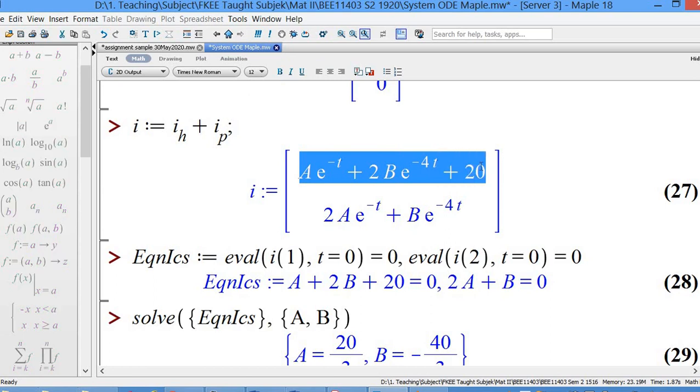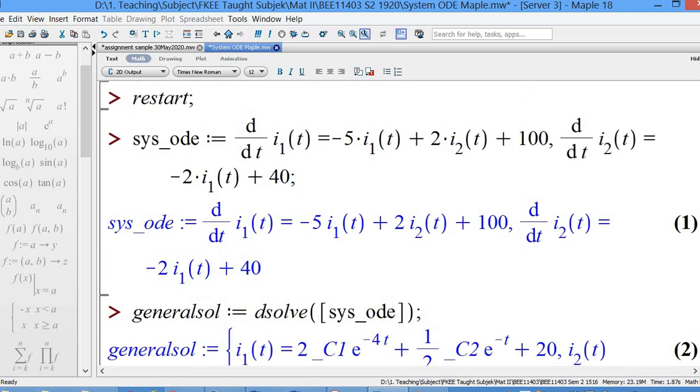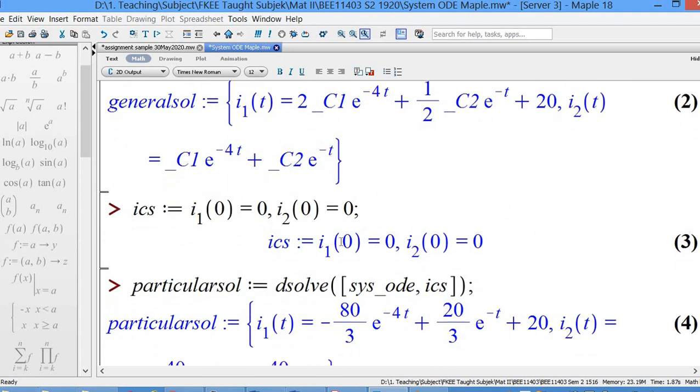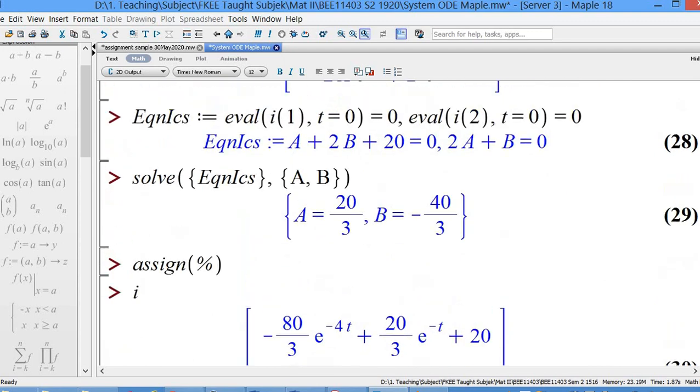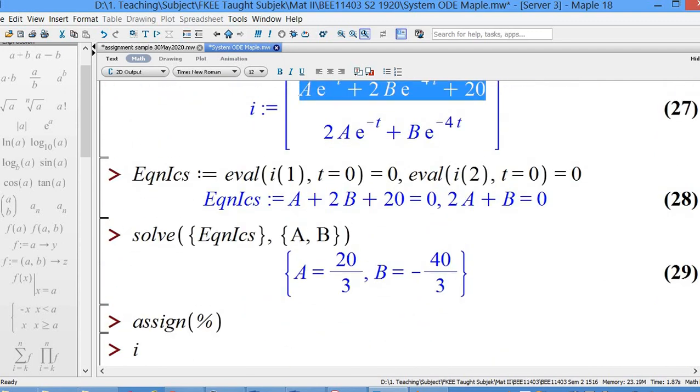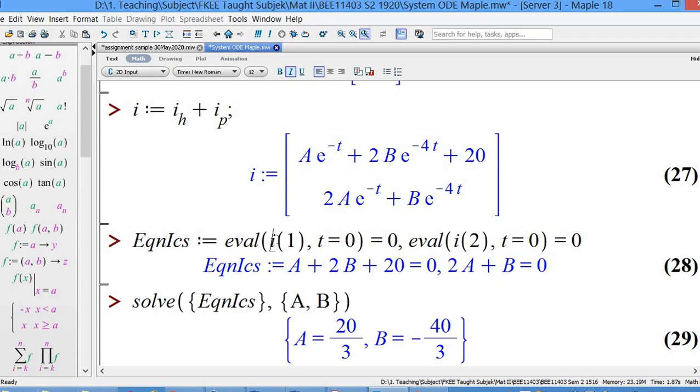Because the initial conditions are I1(0) equal to 0 and I2(0) equal to 0. So this command plugs in I1 when t equal to 0 equal to 0, and plugs in I2 when t equal to 0 equal to 0. So you get a plus 2b plus 20, and this is a plus b.